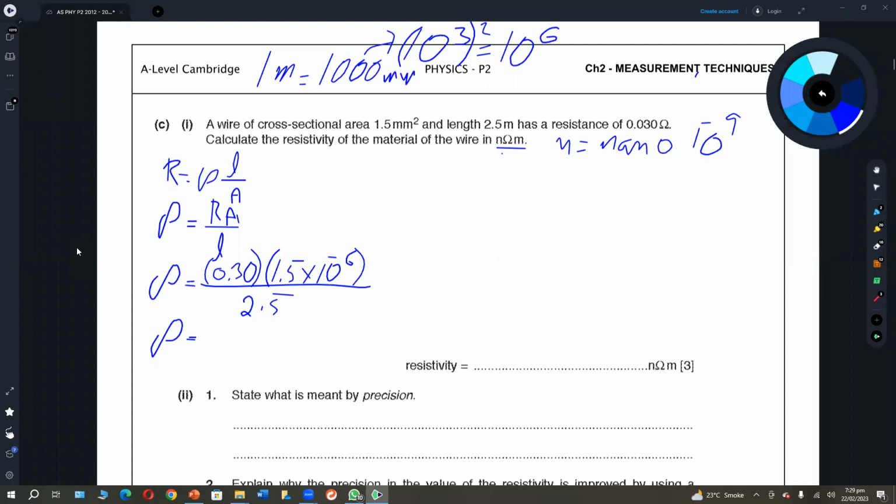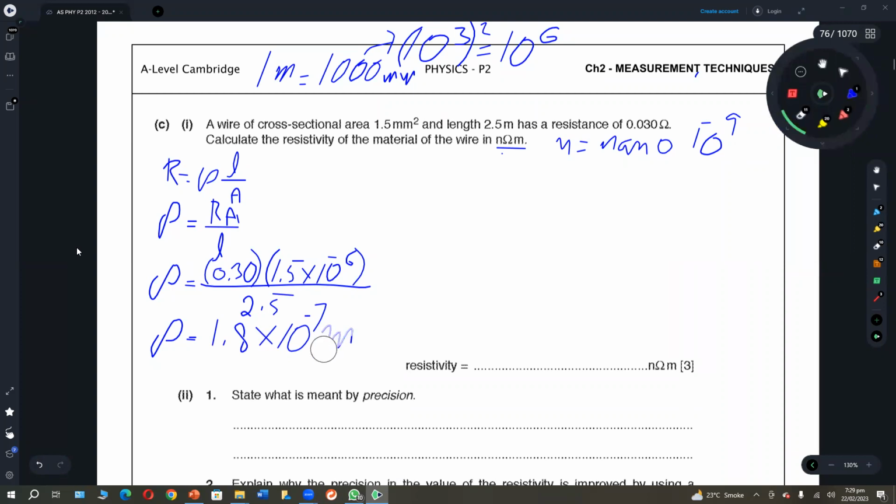The unit would be ohm meter, but he wants to convert it to nano, so I have to multiply it.